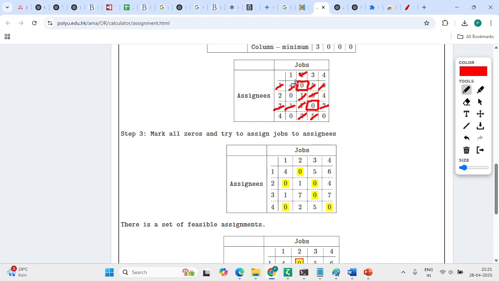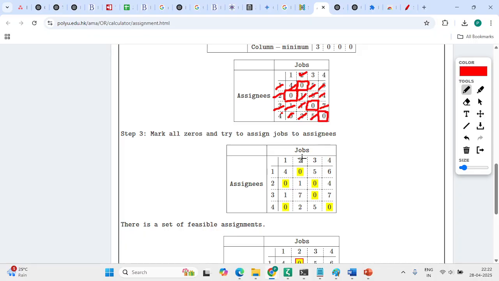But now we will go back to row number 2, and now we are left with only this zero, because this other zero has been cancelled off. So we will do this allocation, and now we will delete all other numbers from this row, and now we are left with only this zero.